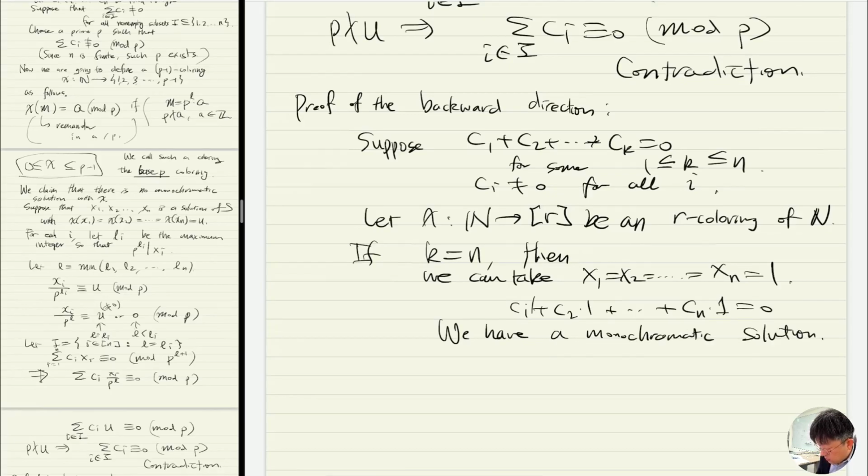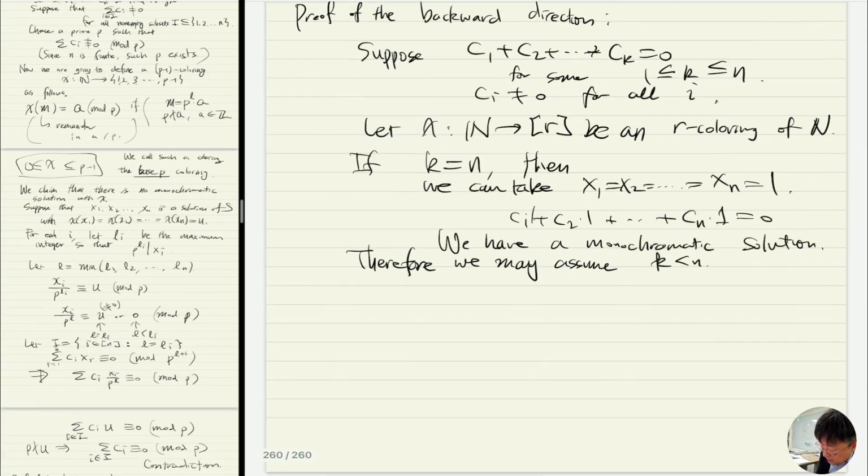Therefore, we may assume k is less than n. And we can actually choose k maximum.